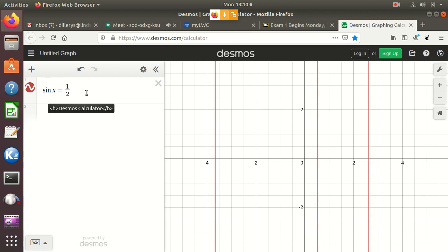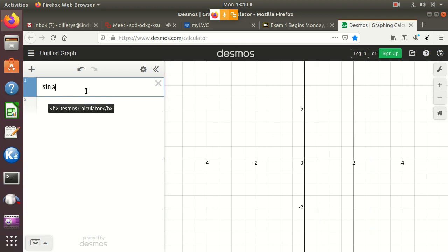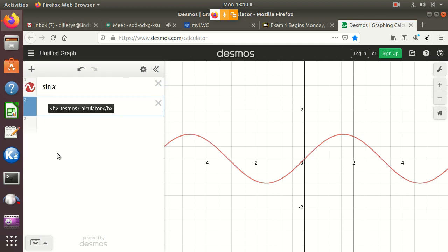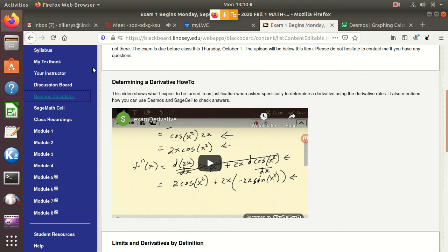Here's another way to sort of trick it into possibly giving you a great answer. There's sine of x. I don't know why that's still there, that's from the back here. It's kind of weird.